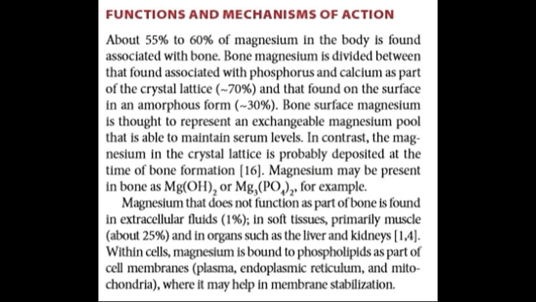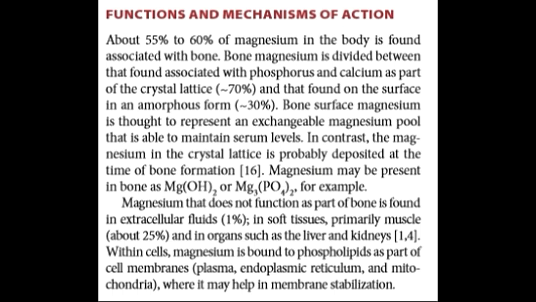Bone magnesium is divided between that associated with phosphorus and that associated with calcium. 70% of the magnesium is found on the surface in an amorphous form, and the bone surface magnesium is thought to represent an exchangeable magnesium pool that is able to maintain serum levels.